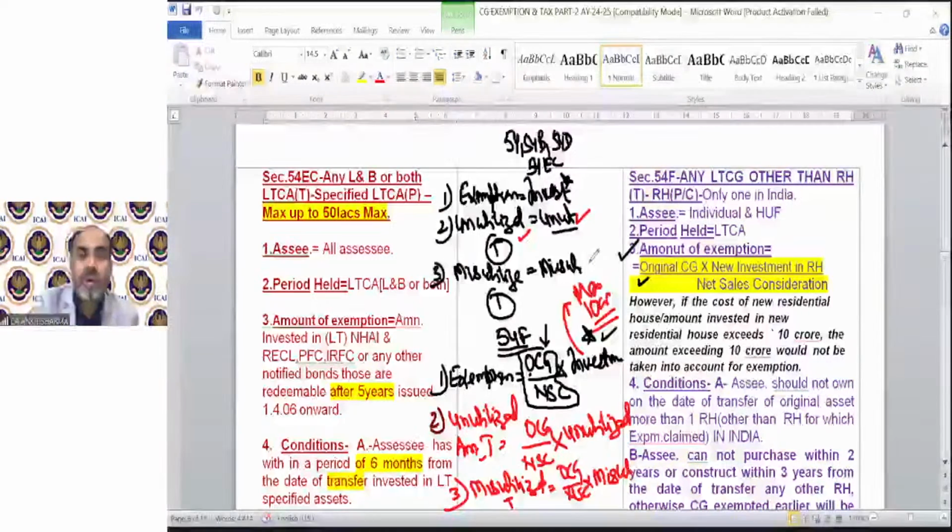The investment amount can be a maximum of only 10 crore, because we are talking about investment in a residential house. For a residential house, there has been an amendment in section 54 which says that the exemption cannot exceed 10 crores. In the same way, the investment cannot exceed 10 crore rupees in section 54F also.